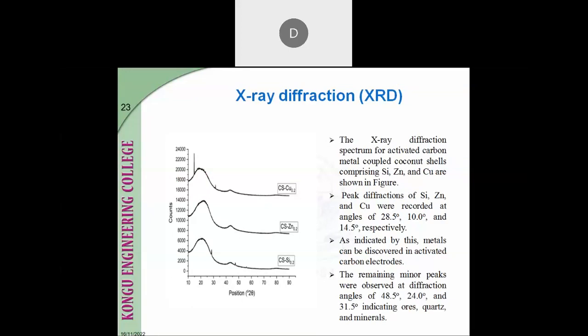From the experimental analysis, the peak diffractions of silica, zinc, and copper were recorded at angles of 28.5 degrees, and for zinc 10, and for copper almost around 14.5. These results reveal that metals can be discovered in activated carbon electrodes.